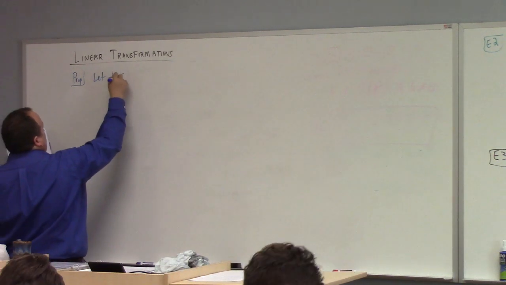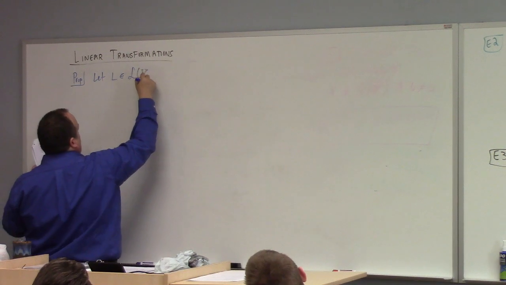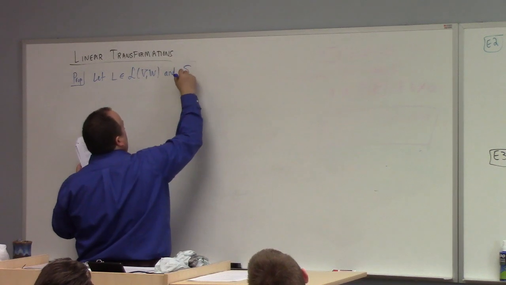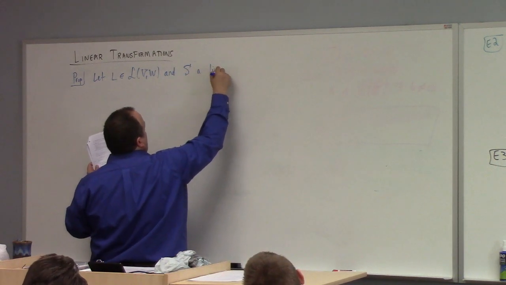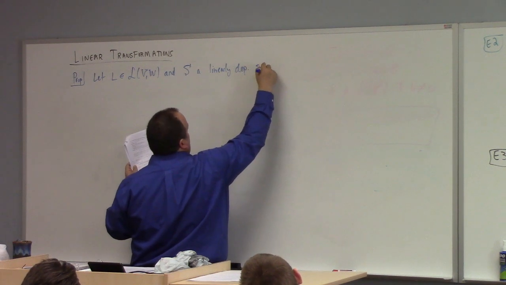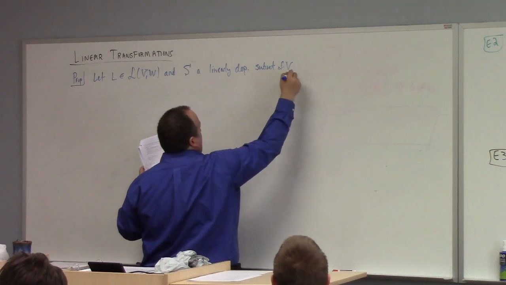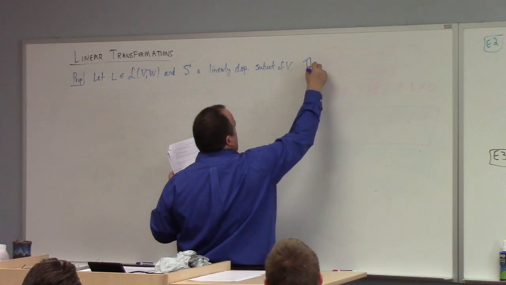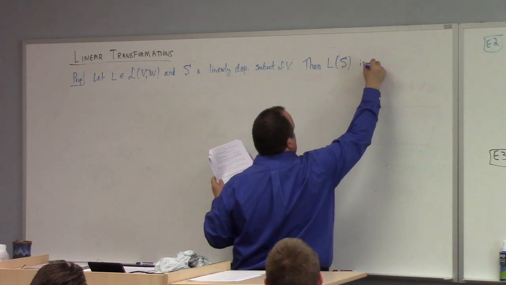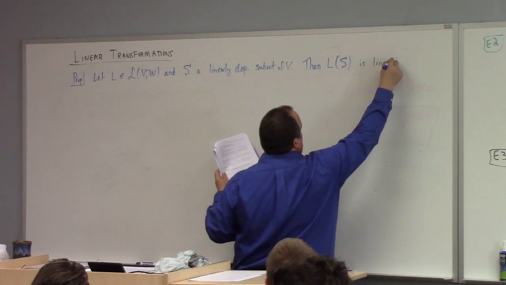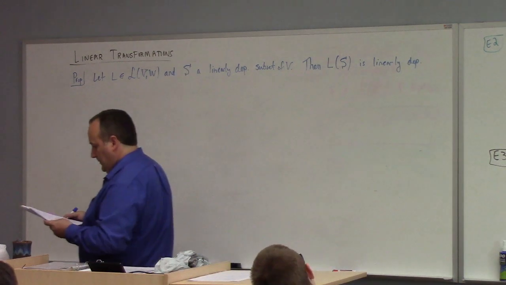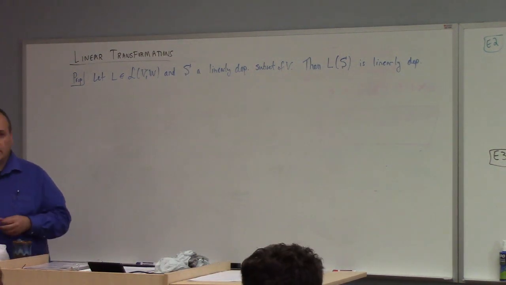Let L be a linear transformation from V to W, and S a linearly dependent subset of V, right? Here's the conclusion. Then L of S is linearly dependent.